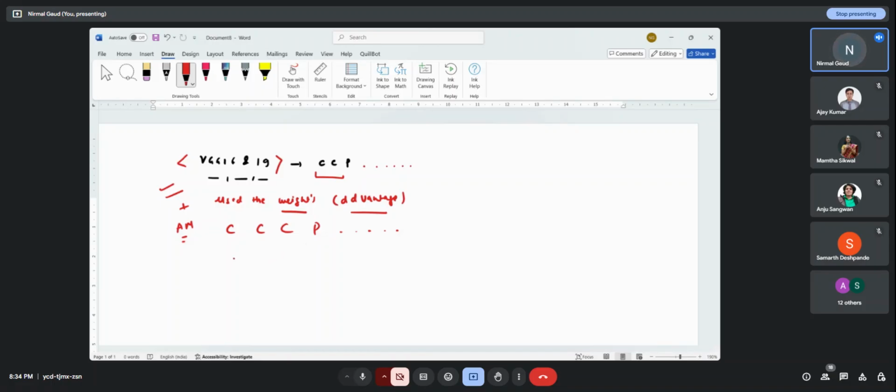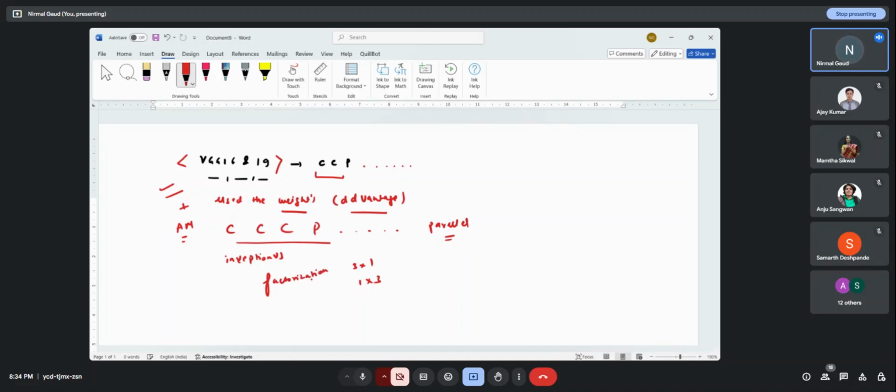In Inception V3 you learned that we can organize the layers in parallel also. So instead of just all in sequence, you can organize something in parallel. In Inception you have also learned that we can have asymmetric convolutions, like 3 cross 1 and 1 cross 3, because you have performed the factorization here.